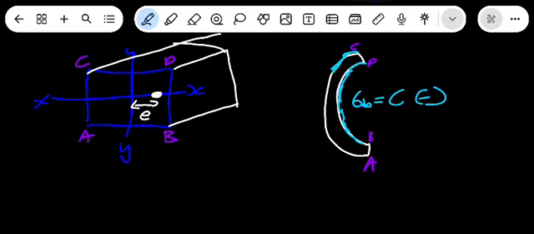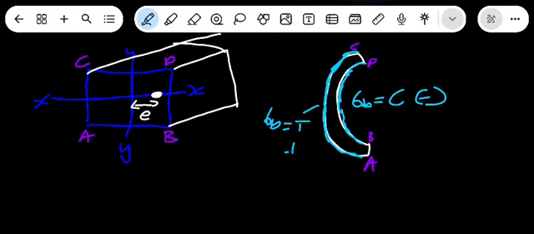But at this side, the bending stress will be tensile, whereby tensile is positive.